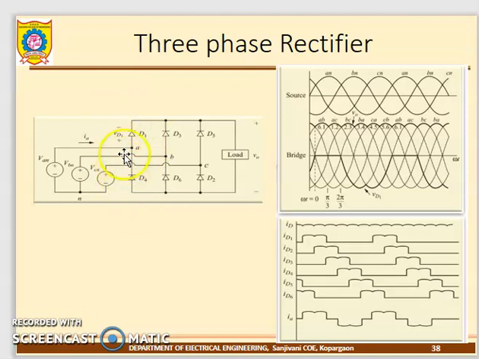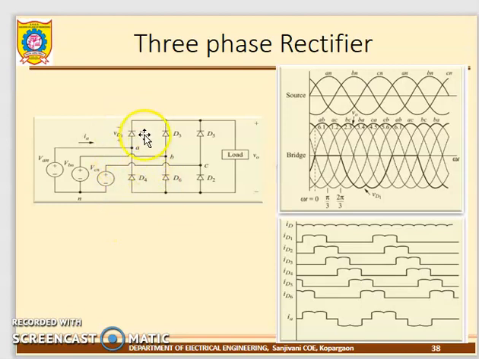What are the other points you can say? Each leg has two diodes connected, D1 and D4. At a time D1 and D4 are not both closed. Why not both diodes at a time? If both are closed, it makes a short circuit across the load and the source. So at a time either D1 is conducted or D4 is conducted.